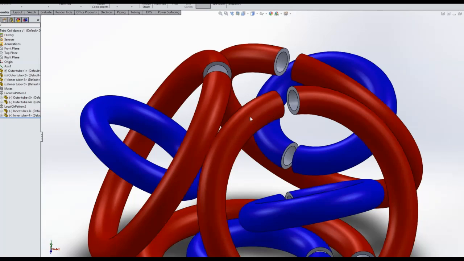If both are turning this way and the other one turning this way, they would create a direction in one way. If they're both turning clockwise, then they would dissipate each other. So we've got to look at how they play out here.